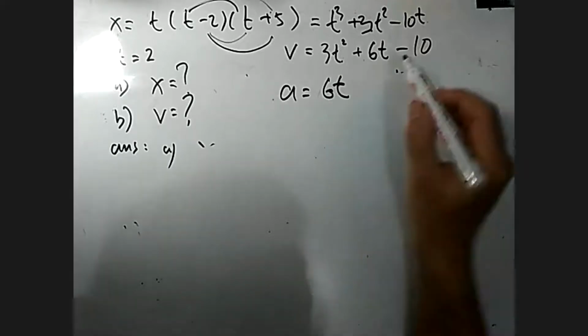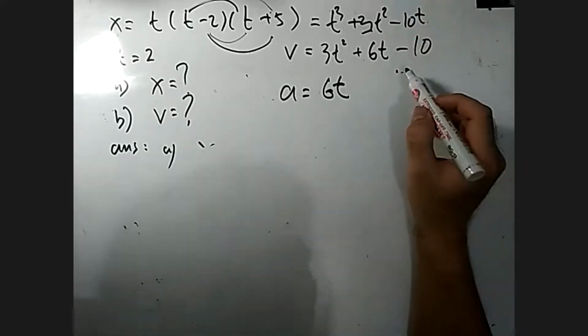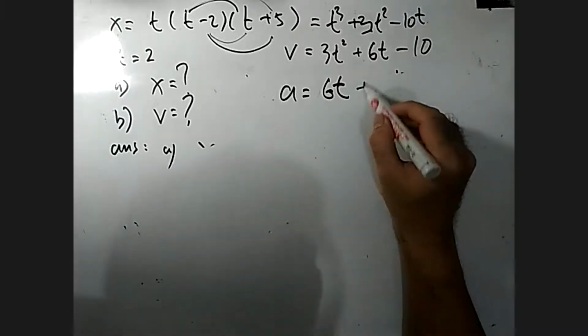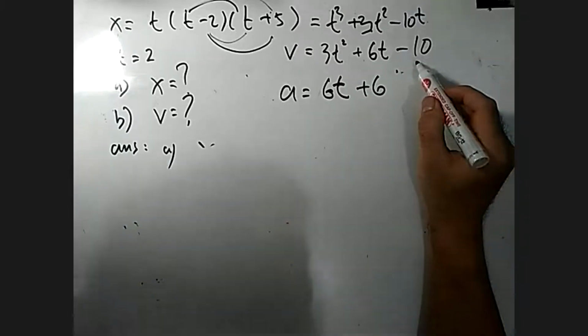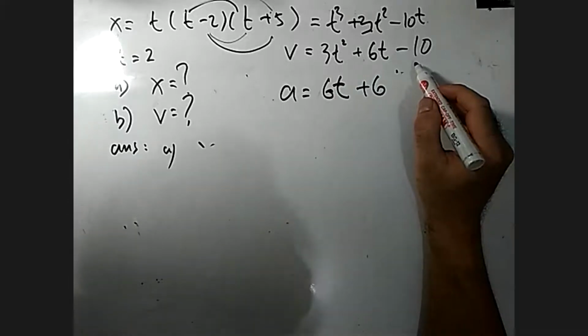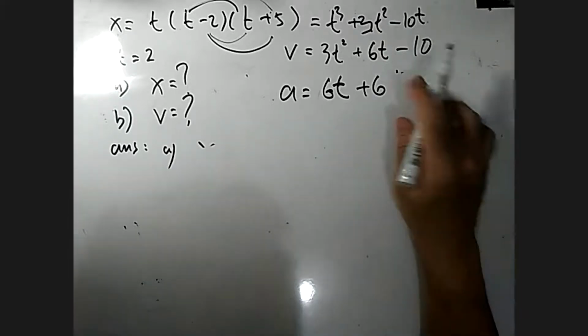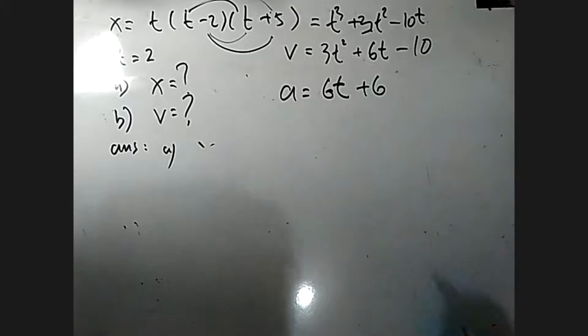Okay, good. What about the 6t? Differentiation of 6t? 6. Differentiation of negative 10? Zero. Yes, 0, and we don't usually write them.